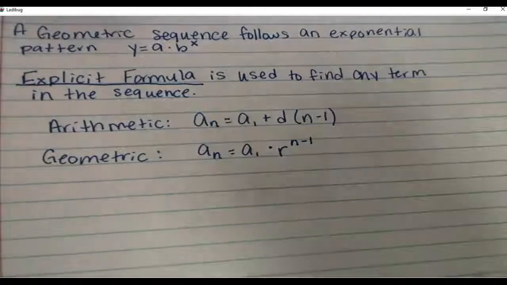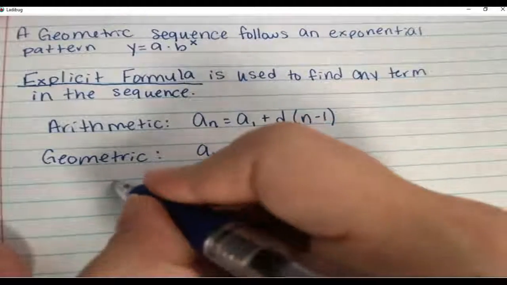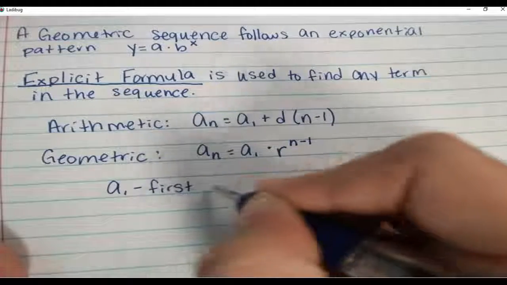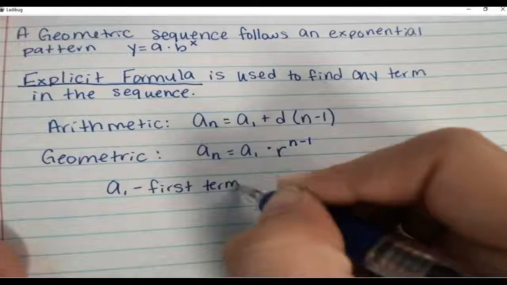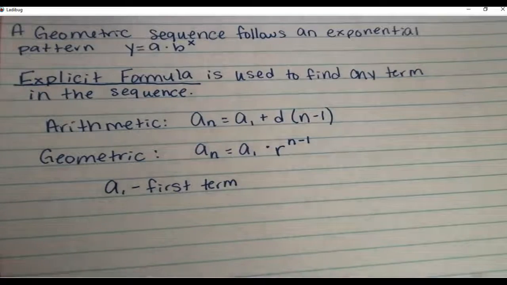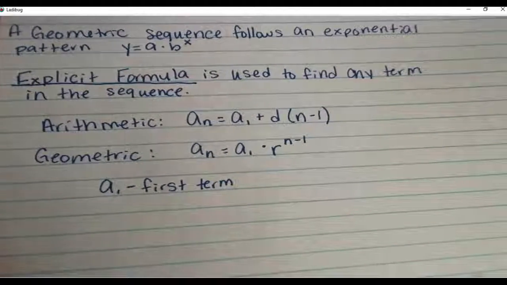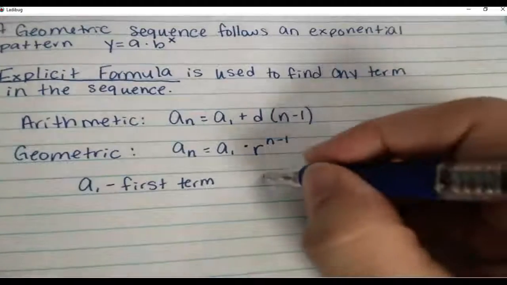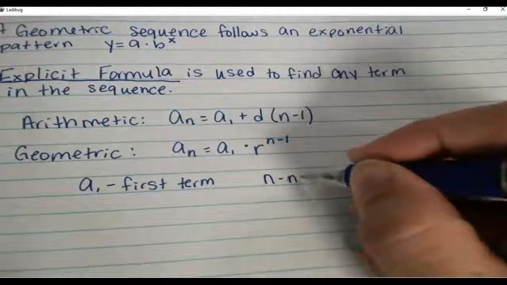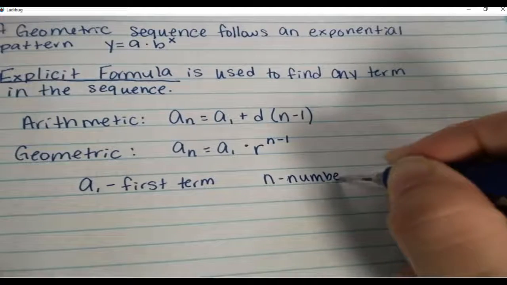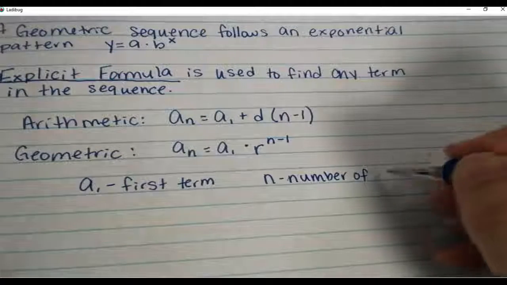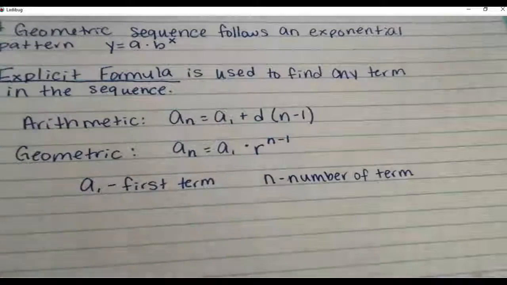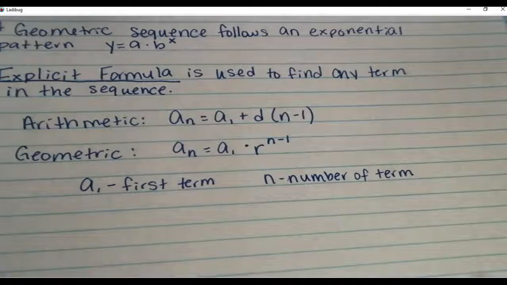Okay. So we said yesterday a1 is the first term. And n is the number of the term. So if you're looking at the fourth term, you plug in 4.